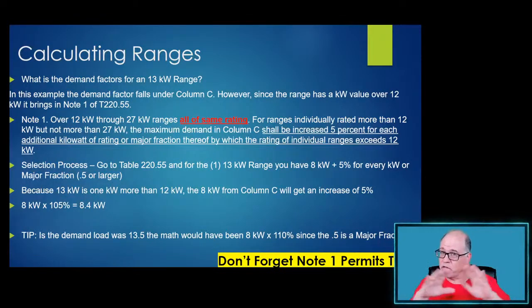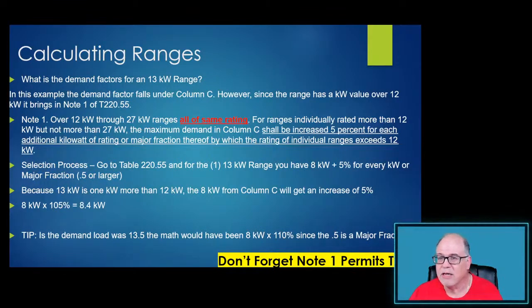The exercise that we're going to do here is using the value that's over 12 to come up with the percentage that we're going to multiply by the maximum demand in column C, and then we're going to make sure we add it to it. Sounds confusing, doesn't it? Don't worry, it's not. It tells us the maximum demand in column C, and I'll remind you, for one range in column C it is 8 kW.